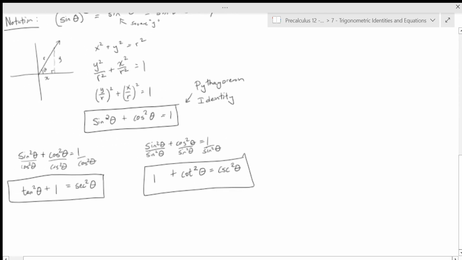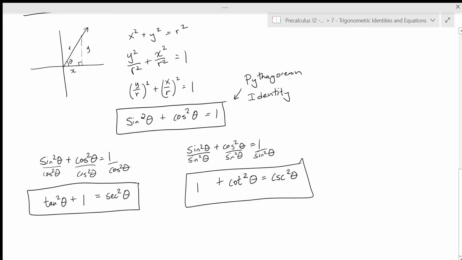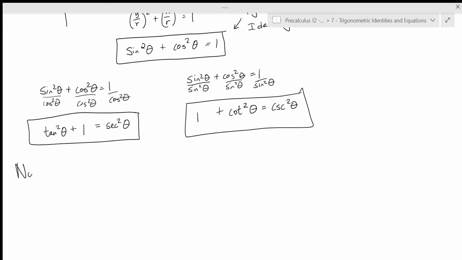The other thing we might want to notice is that if we have 1 plus cosine theta, you remember how we had a conjugate for radicals. One thing we might be able to do in order to simplify, especially if we find it in a fraction, is multiply by 1 minus cosine theta. So let's look here.